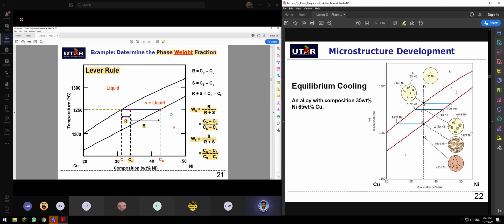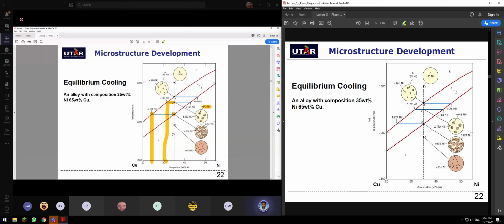Solidus line, here, 35. And I cool it further to less than 1200 degrees Celsius, which is at point E. If you look at the microstructure, there is no liquid. It is all alpha, 35 weight percentage of nickel.